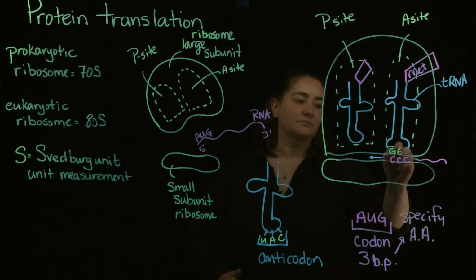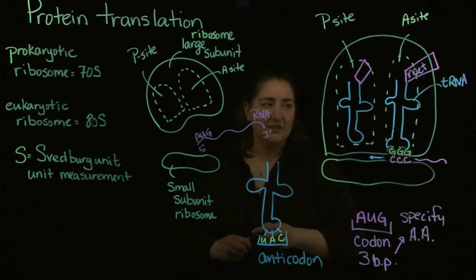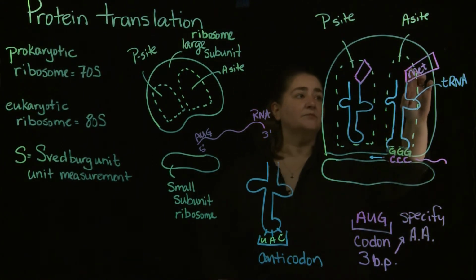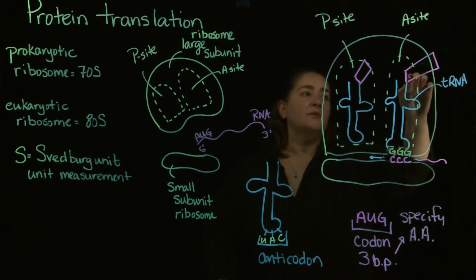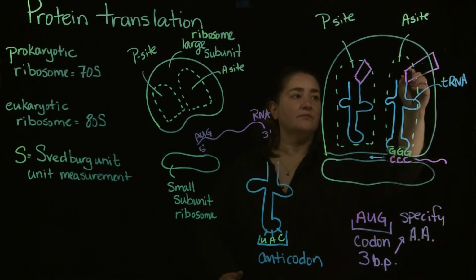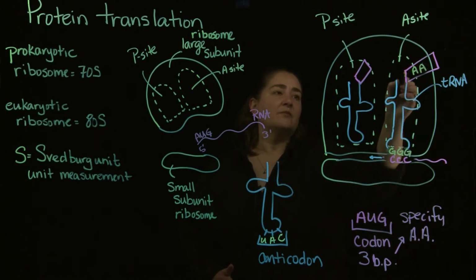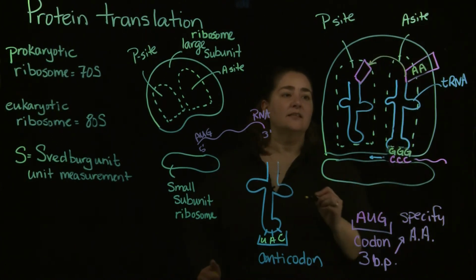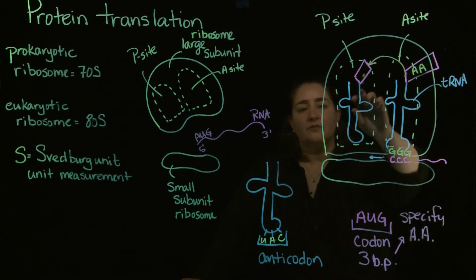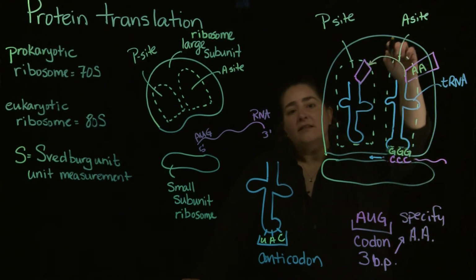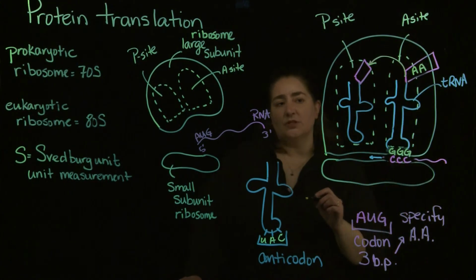So in terms of that, we would bring in our next amino acid. And what will happen? That amino acid now will be connected to our first amino acid here. That's going to be what starts growing our protein chain.